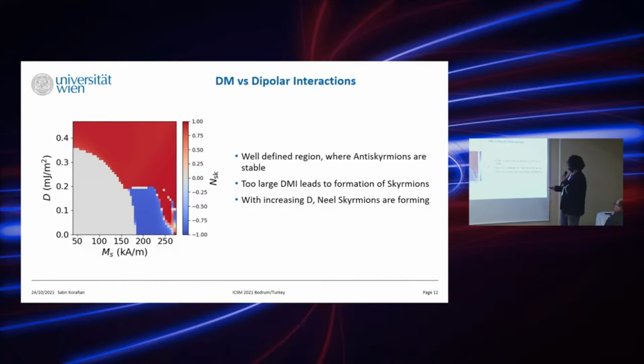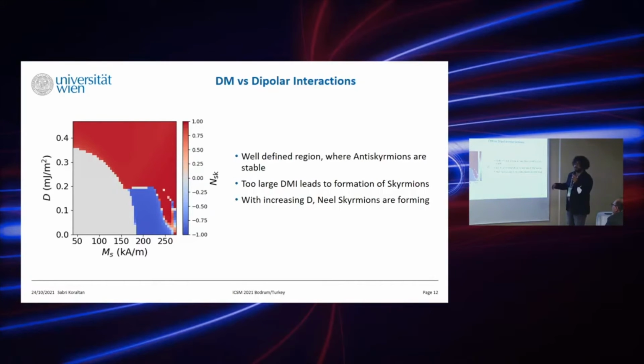But now the question is, are they solely dipolar stabilized, or by the Dzyaloshinskii-Moriya interaction? And in this case, we vary the saturation magnetization and the DMI. We see that for a certain phase pocket, the anti-skyrmions are stable, but when we increase the value of the DMI too much, at 0.2 millijoule per square meter, which is already a very low value, the anti-skyrmions are not stable anymore.